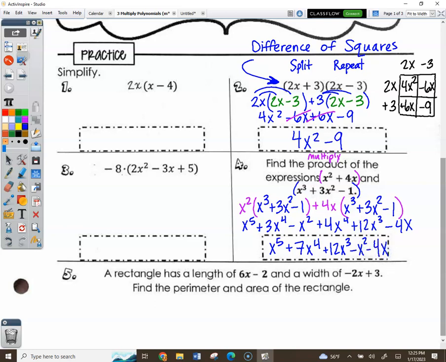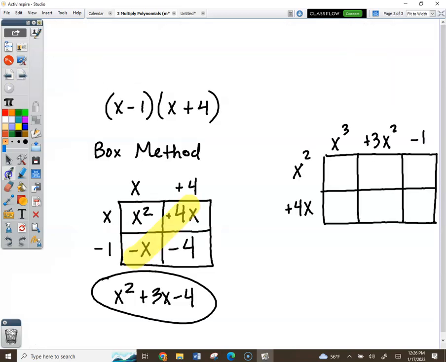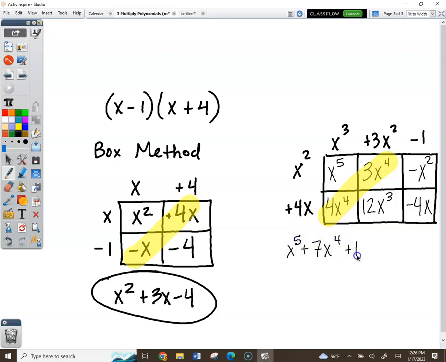If you did the box method, you'd still get the same thing. You would have to recognize where there are some terms that can combine, and you would combine them as you go to write your answer. You also would write it in standard form.